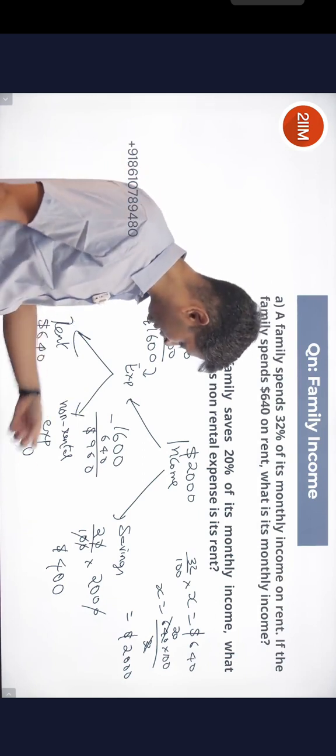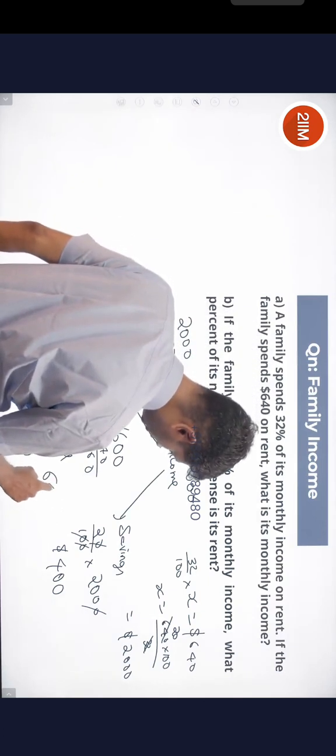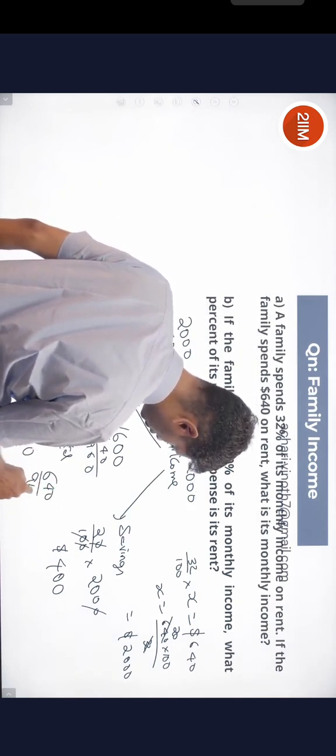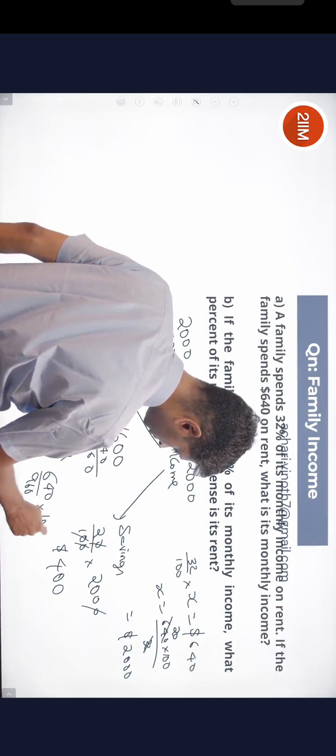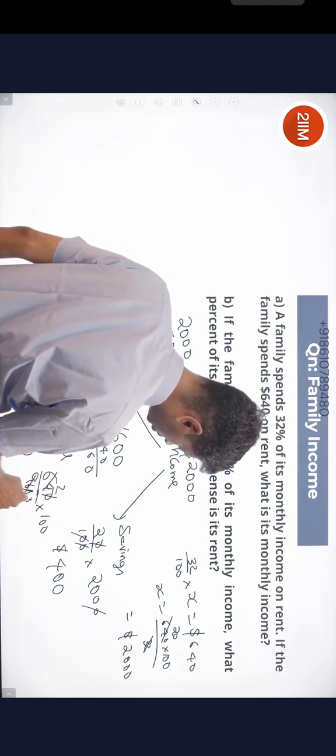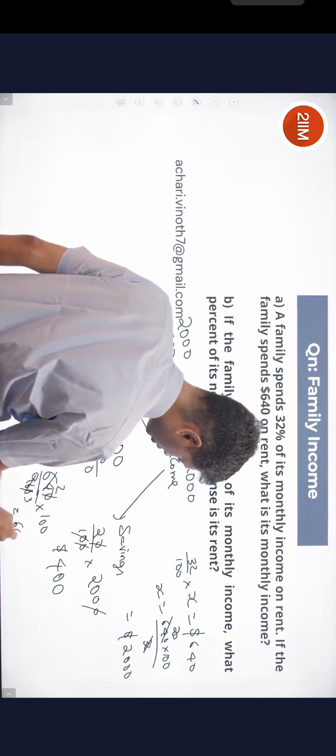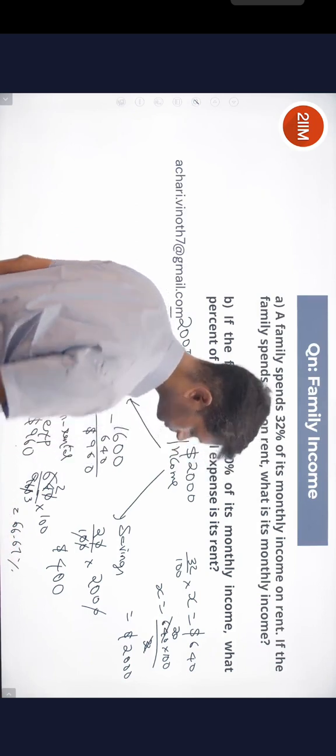What is this by this as a percentage? 640 by 960 into 100. 64 by 96 is 2/3. 2/3 of 100, which is 66.67%.